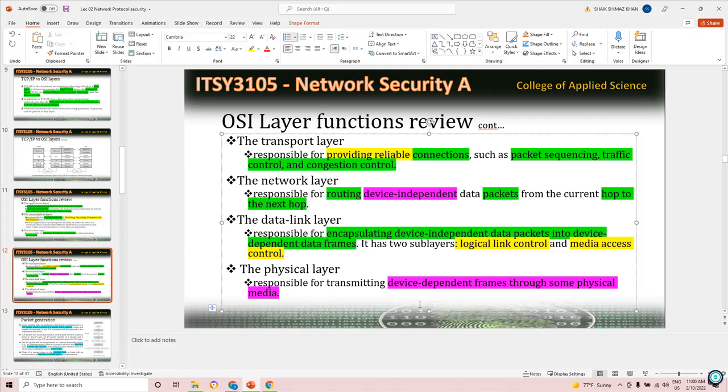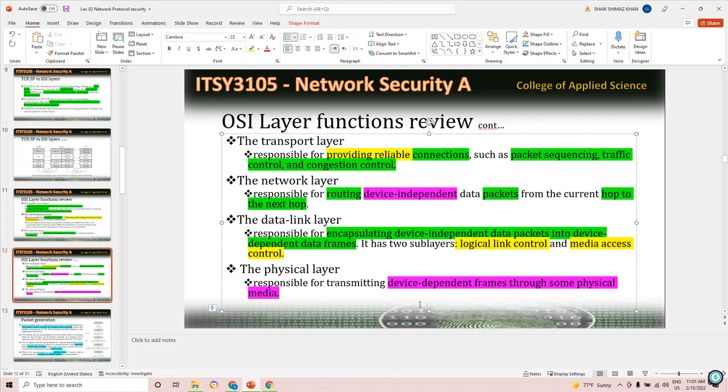We have ethernet connection, we have wireless. So the frames will be converted into a data format according to the physical media, and they will be transmitted by the physical layer. Is it clear to you? Here the physical layer, once again, can be wired or wireless. Is it clear to you?